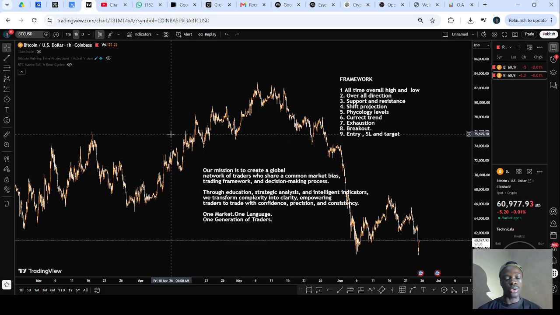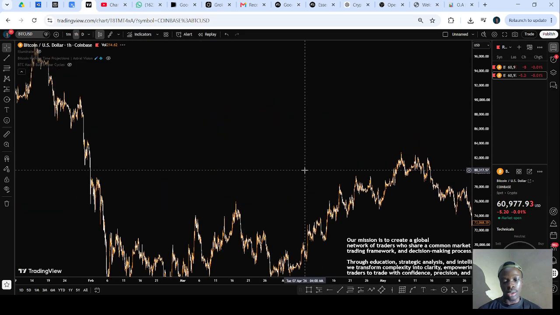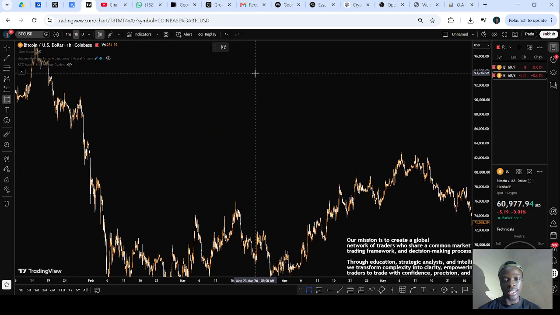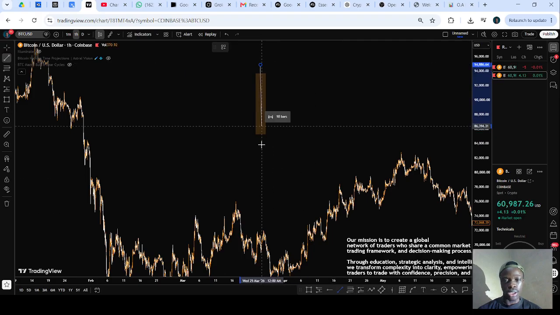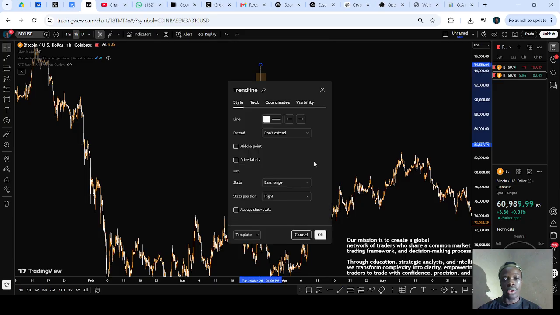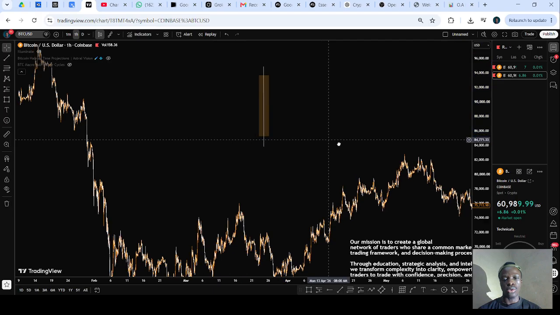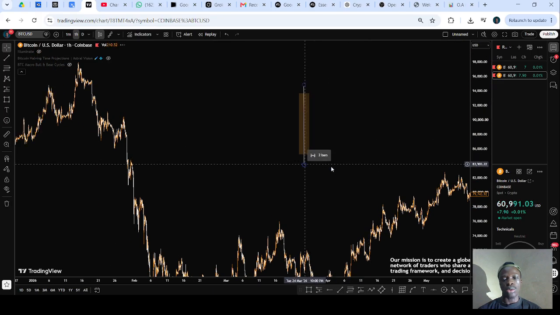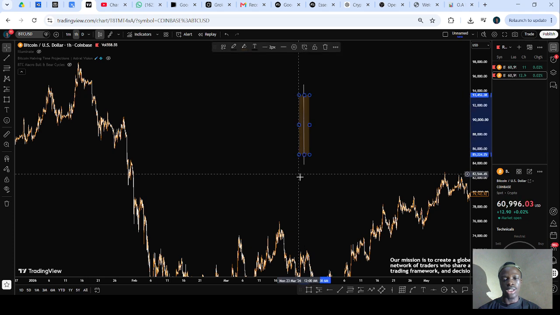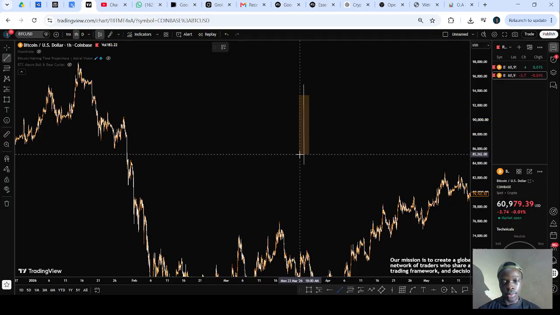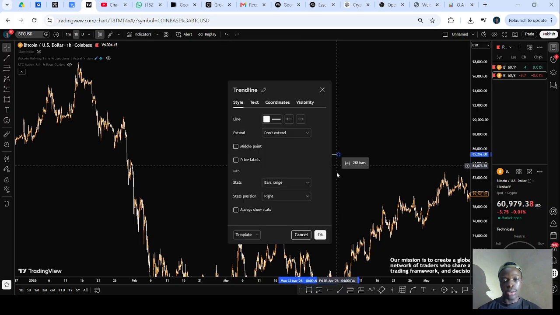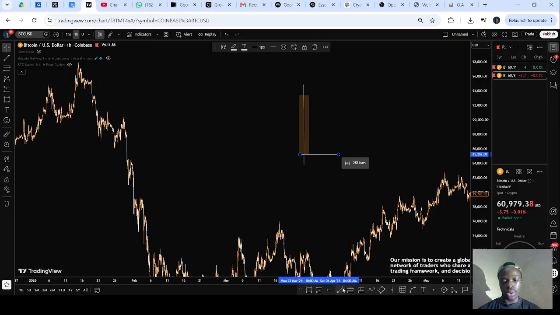On this daily time frame, as beginners, most of us will have gone through the basics of trading, and we all know what candle anatomy is all about. In a bullish candle, price will open at the low and close at the high.